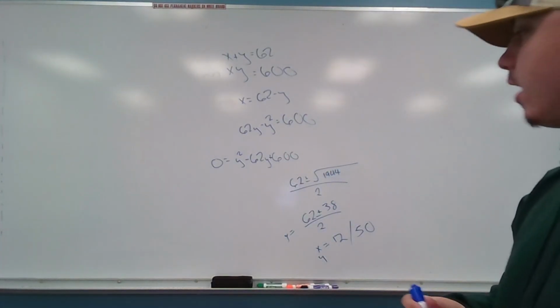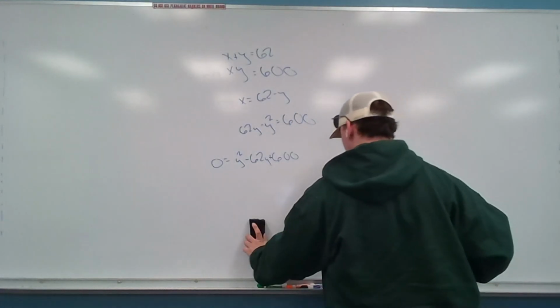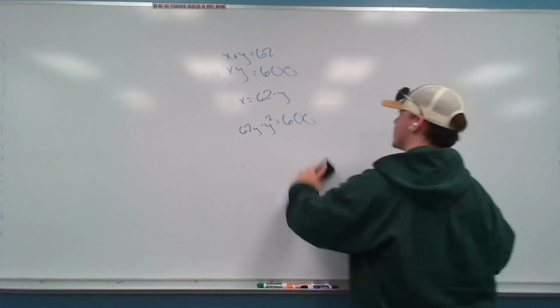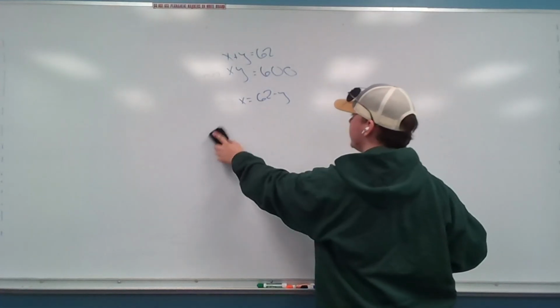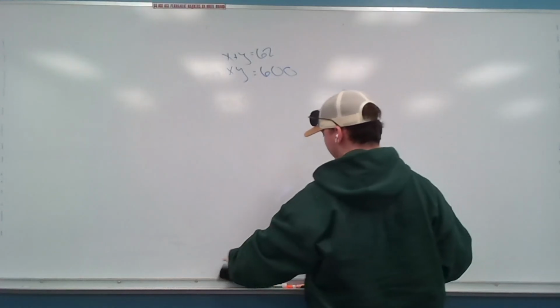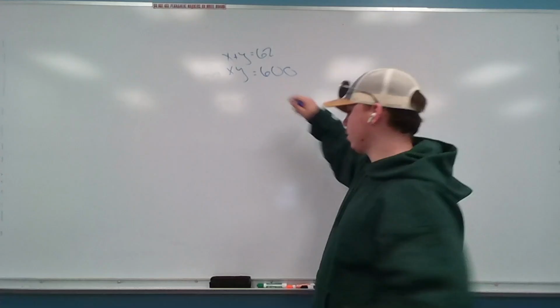But let's add another element into it. The question is no longer find a value where it's equal to this. Find a value where the product of the two is a minimum or maximum, whichever one you want. So now it's not just find a number.